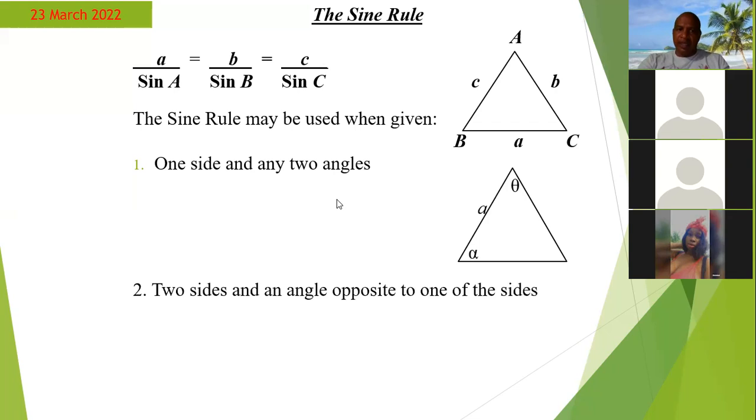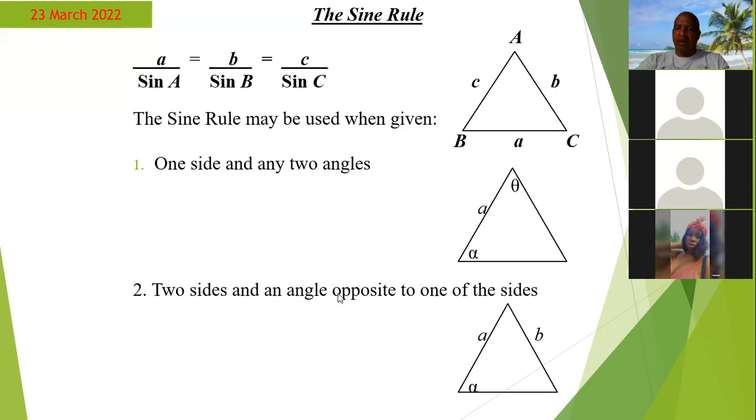Now, the other condition for the sine rule is if you are given two sides and an angle opposite to one of the sides, right? So you notice here, you would have B, which is one side, and A, which is the other side, and you have one angle, which is alpha.